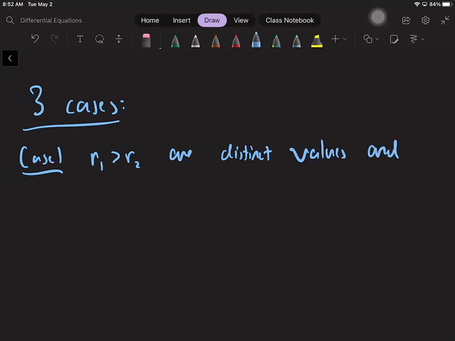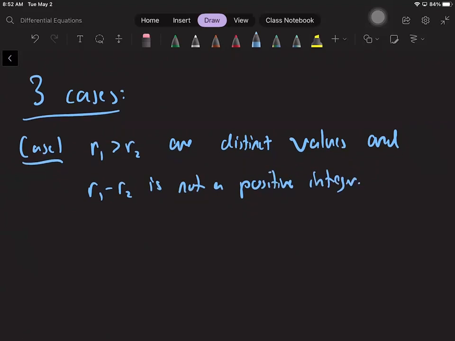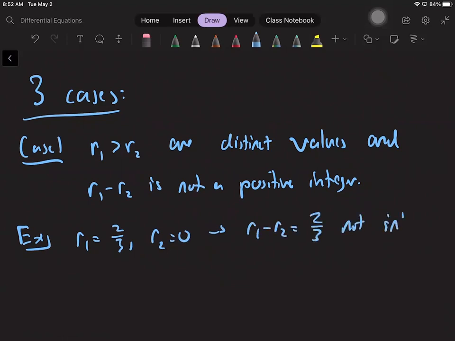What happens is when you look at their difference, it's not a positive integer. So it's like a fraction of some kind. We already did one like this where R1 was 2/3, R2 was 0, R1 minus R2 was 2/3, which is not an integer. It's a fraction.